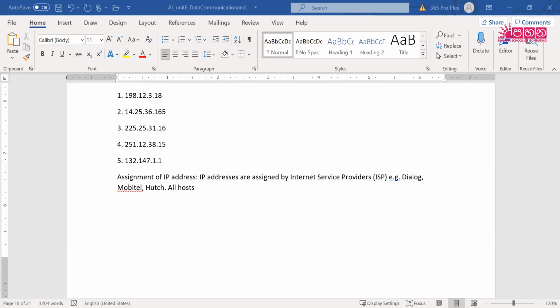So there are different hosts in a network. Any device, we have an IP address, that we have discussed.